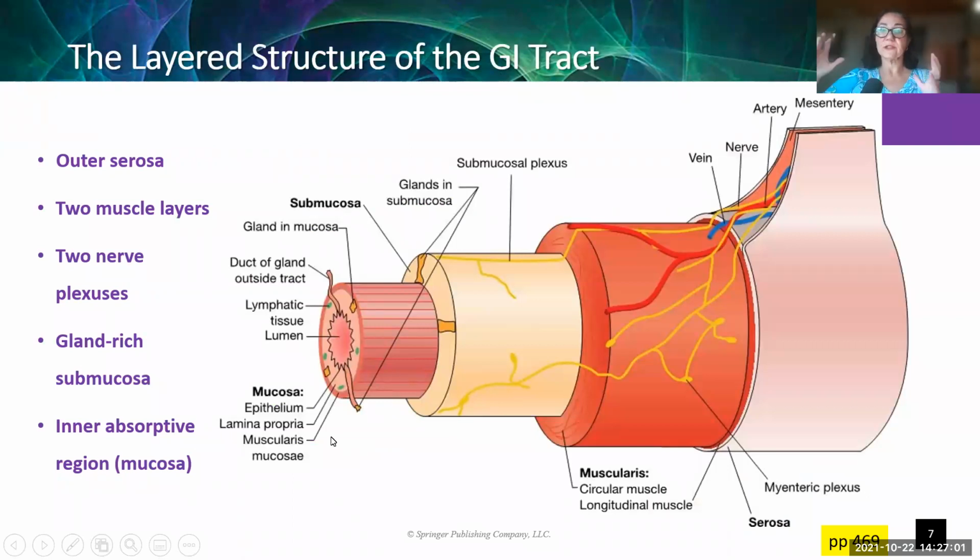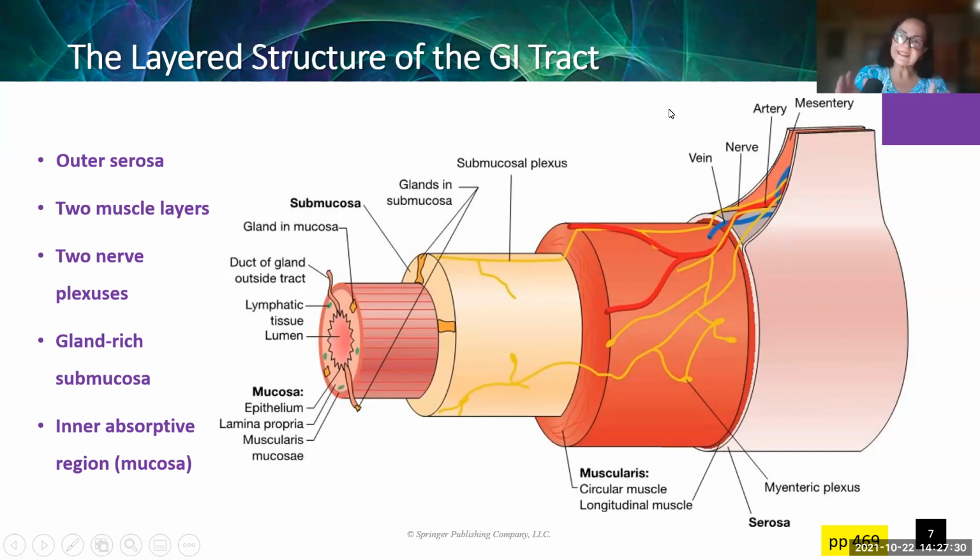All right, here's that layered structure of the GI tract. I know I have it written from outside in over on the left, but take a quick look. From the inside, that's where the epithelial layers are, where the absorption can start to happen. And then we've got different kinds of tissues going to the outside. So we'll follow this format here. The outer layer of this tube is referred to as the serosa.